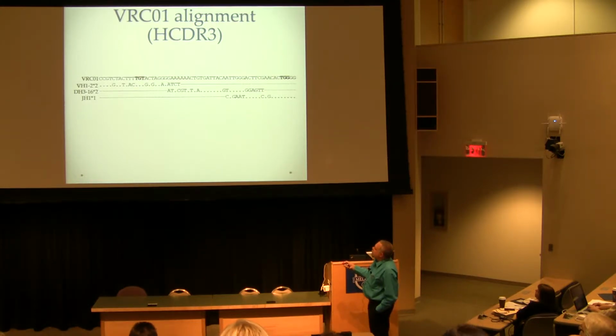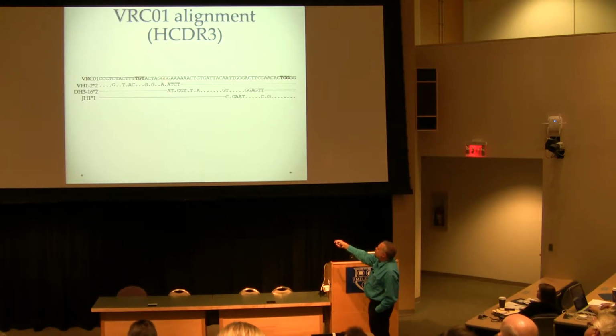Where did this end and N nucleotides begin? Because it's important. So, first of all, this almost certainly is encoded by VH. So maybe this is the first nucleotide not encoded by VH, and so that's an N nucleotide.